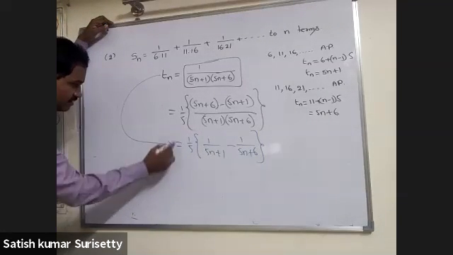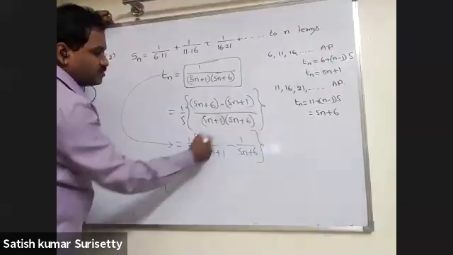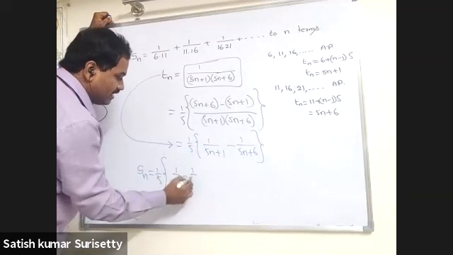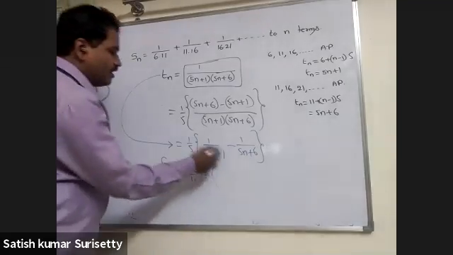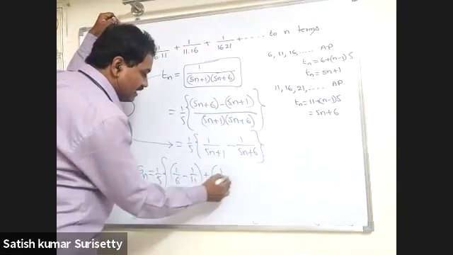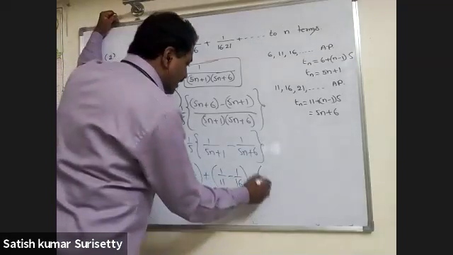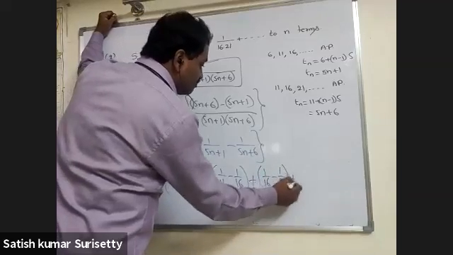So Sn equal to 1 by 5 is common. Substitute n equal to 1: 1 by 6 minus 1 by 11. Next, when n equal to 2, 1 by 11 minus 1 by 16. When n equal to 3, 1 by 16 minus 1 by 21, and so on.